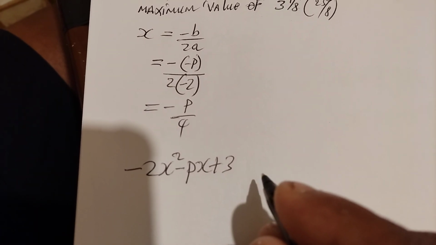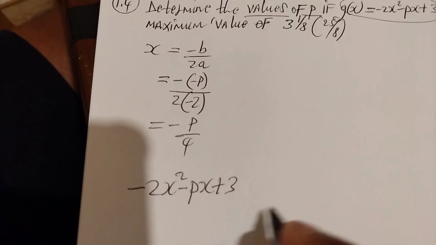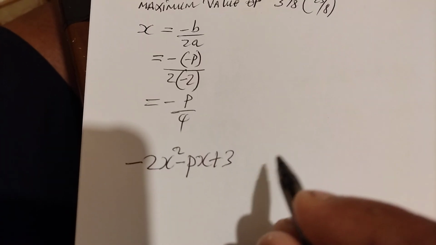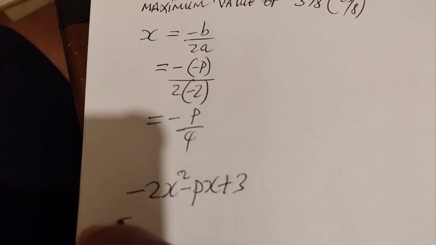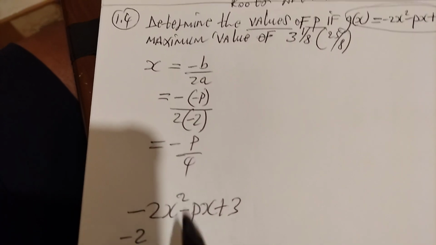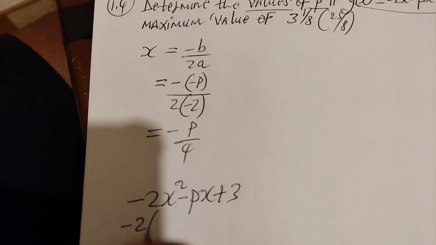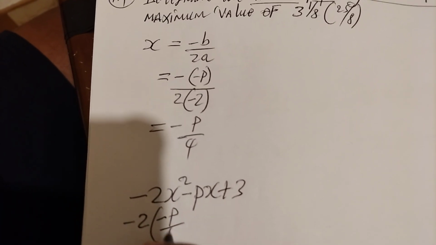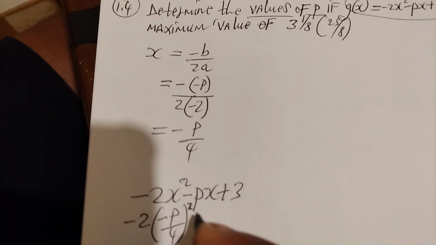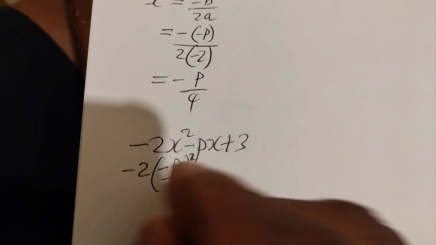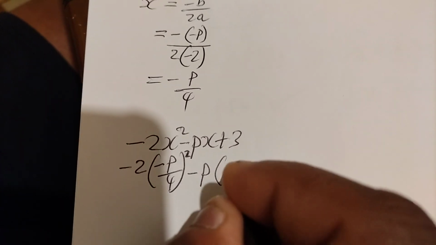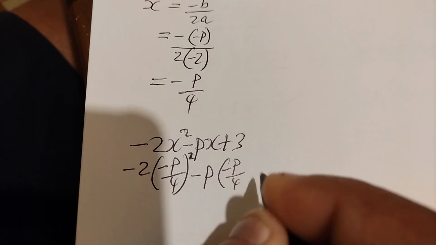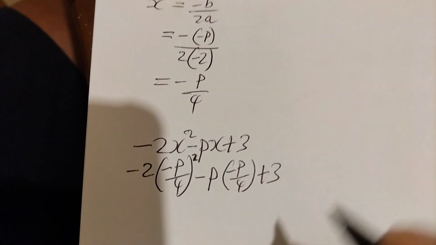I will deal with this, then equate it later to the maximum, because that's basically how we work it out. So it's -2, and then the x value of the turning point is -p/4, everything squared, minus p times -p/4, plus 3.